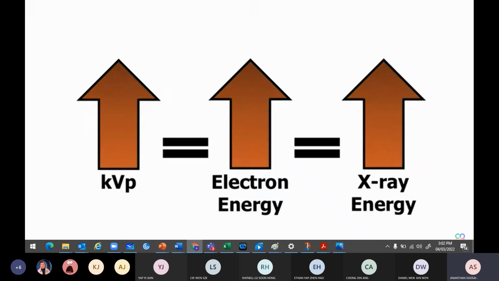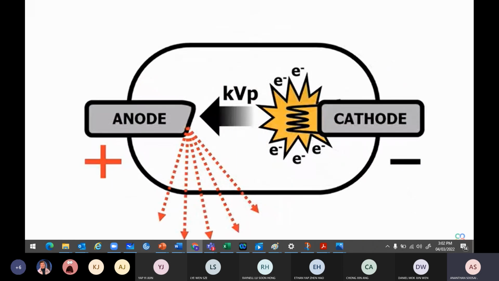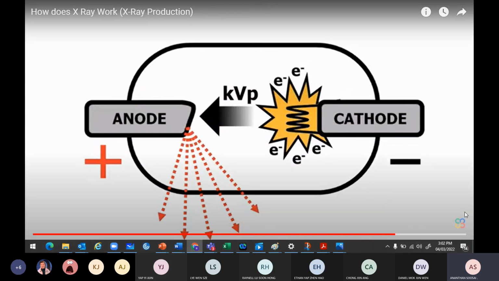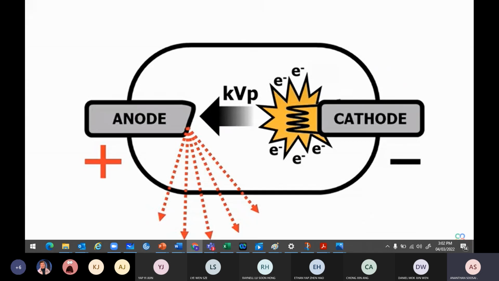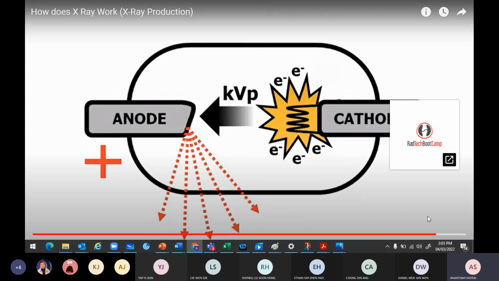Increasing kVp, which is the tube potential, increases the energy of the electrons in the X-ray tube, and increasing the electron energy actually results in increased X-ray energy. So that makes sense. In summary, X-rays are not produced by magic or by unicorns. X-ray production requires 3 basic things: a source of electrons through thermionic emission, a means of accelerating those electrons, that's the kVp, and a means of decelerating the electrons, which is what happens when the electrons slam into the anode. MA is used to control the number of X-rays, and kVp is used to control the energy of those X-rays.